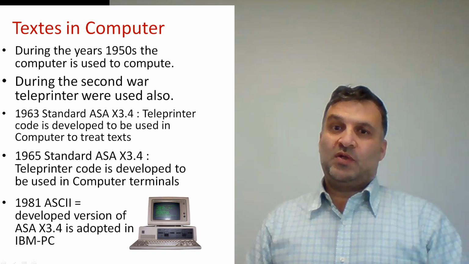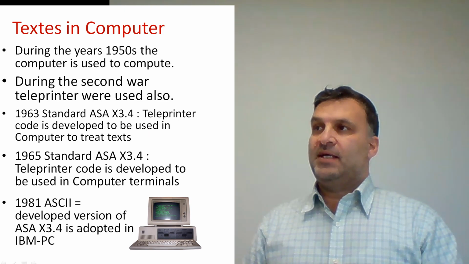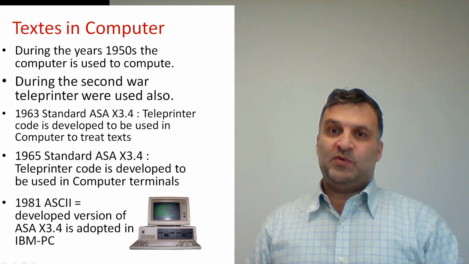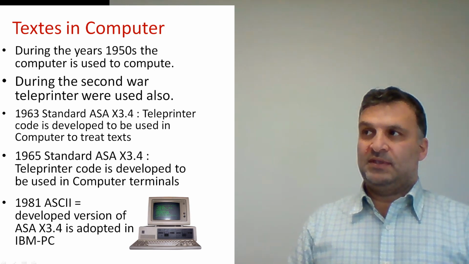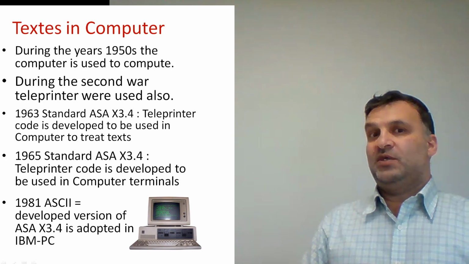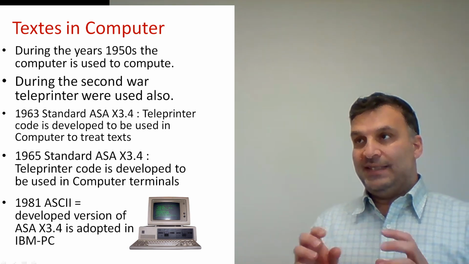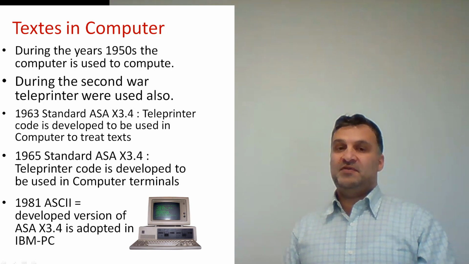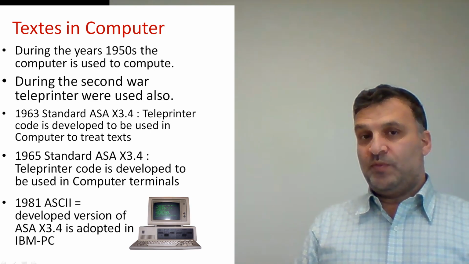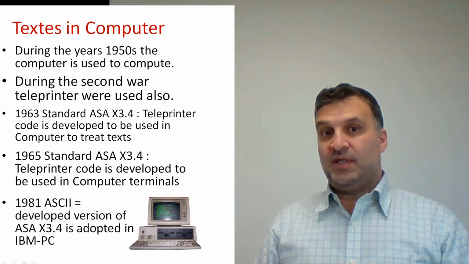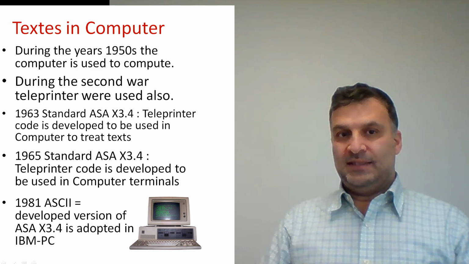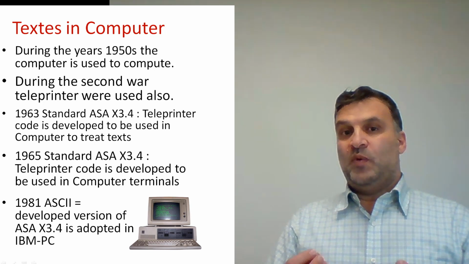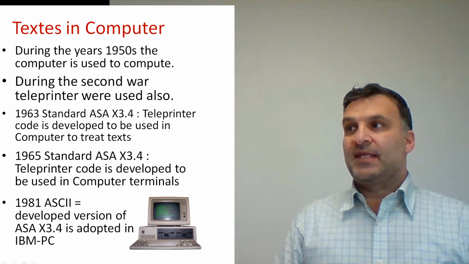In this course, we told you before that when we started to use computers, at the beginning we used them to calculate. So during the 1950s, we used the computer to calculate algorithms and to treat data, but the data were numbers.